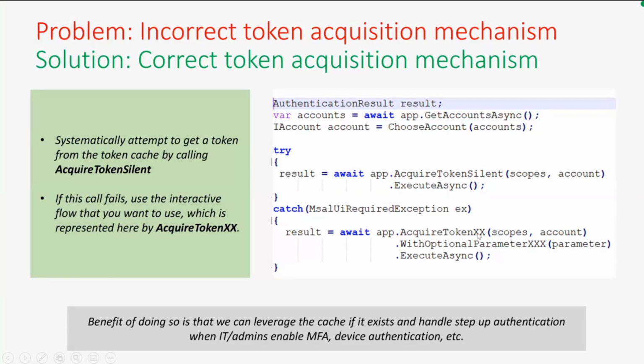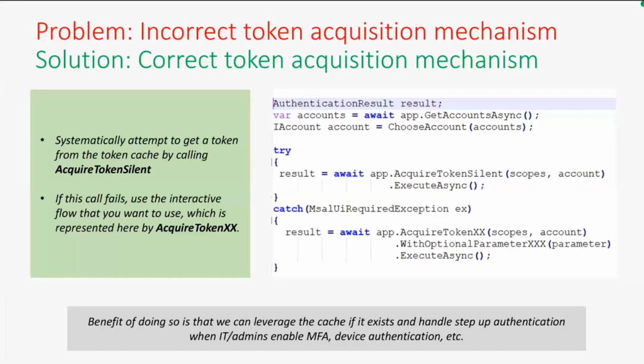The reason that we have marked it as XXS is that acquire token silent is a common functionality, whereas on a platform basis, there are differences in terms of using acquire token interactive, acquire token using Windows integrated auth, acquire token using broker mechanisms, acquire token using the Windows authentication module on Windows 10. There are lots of variables in terms of how you can acquire a token when a silent mechanism fails, depending on the platform, but the paradigm is similar across all.